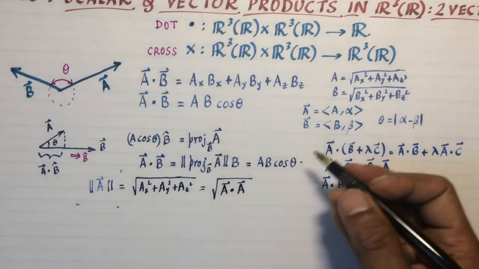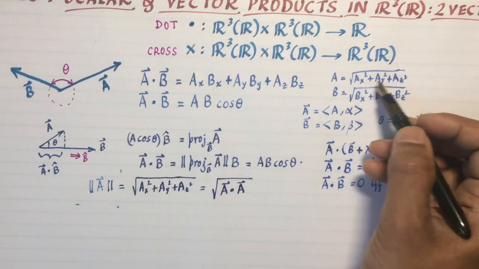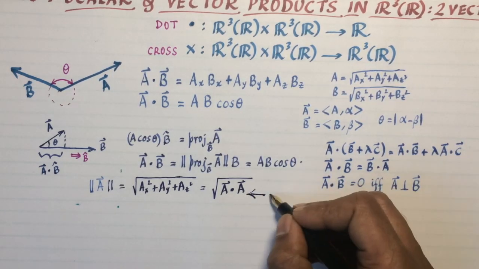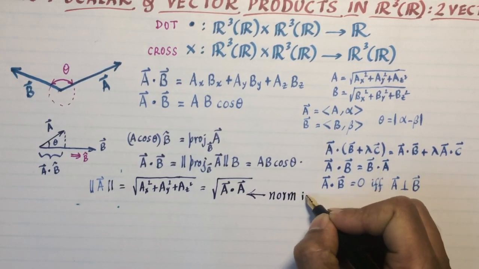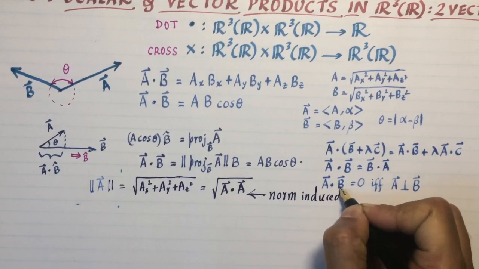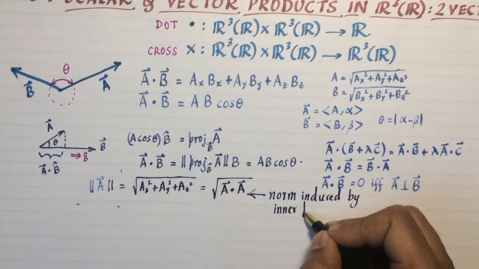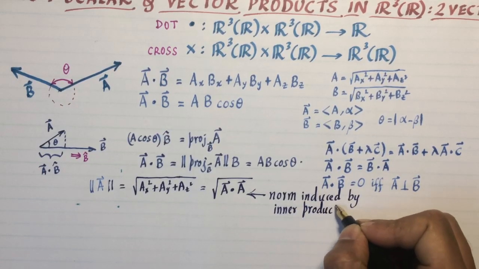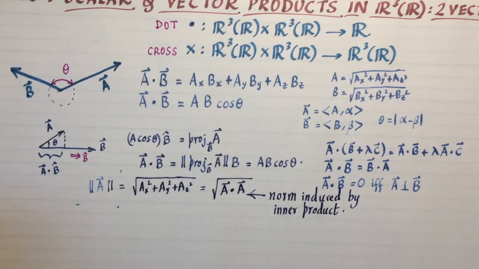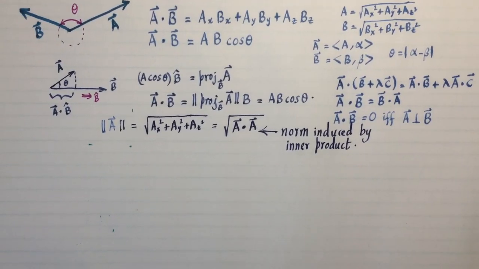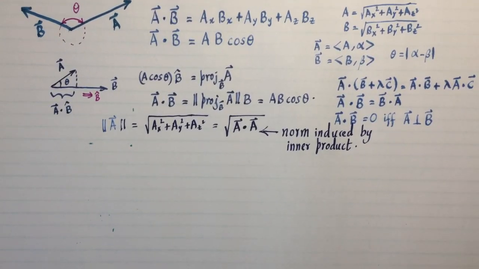So it's just A squared, and A squared is ax squared plus ay squared plus az squared. So this is sometimes called the norm induced by the inner product. It's very useful, especially when we go to function spaces later, to find the norm in any function space, which is an infinite dimensional vector space.